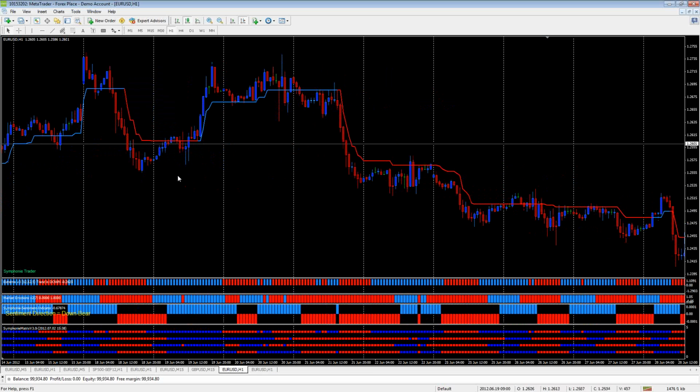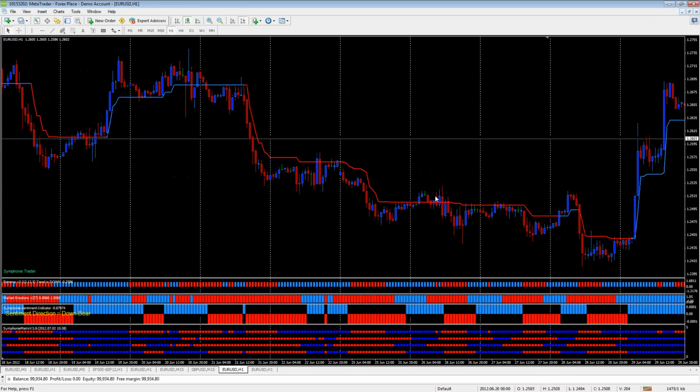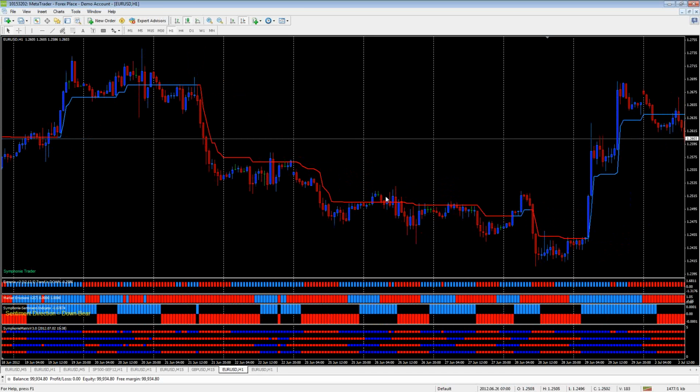If the price is above the trend line and the trend line is red, don't take any short positions. Wait for the price to be in agreement with the trend line itself.